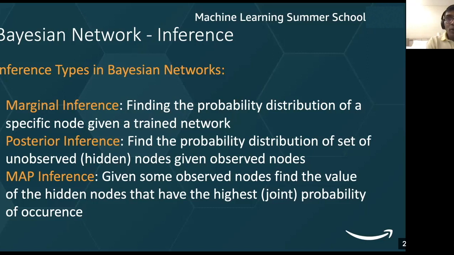Posterior inference, we talked about the posterior distribution earlier, involves finding the probability distribution of a set of unobserved nodes given some other nodes which have been observed. And finally, MAP inference, wherein you want a point estimate of the unobserved features by maximizing the posterior probability. So we will look at these three inferences by taking the example of the student network.